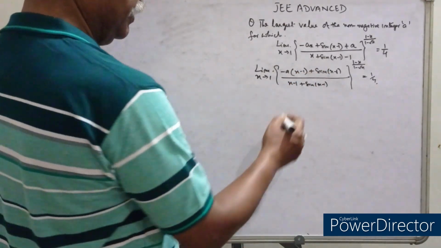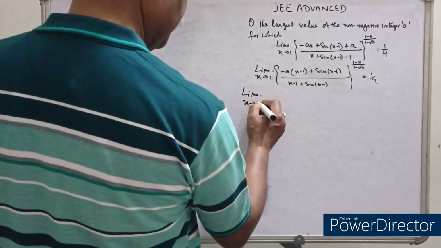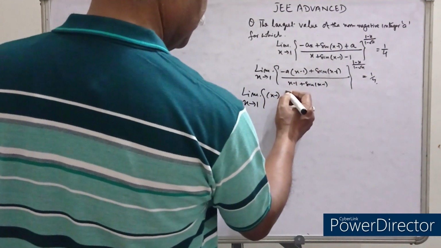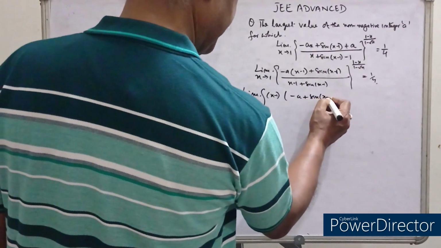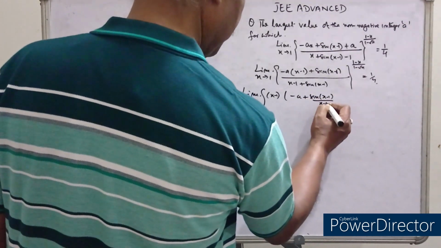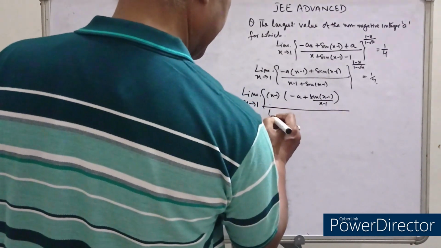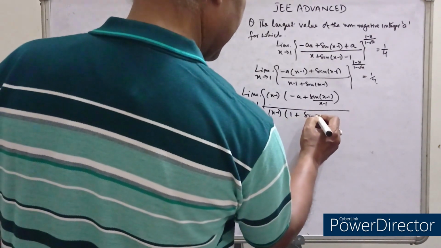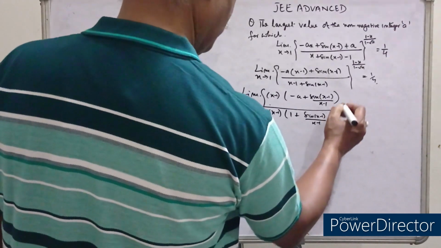Now limit x tends to 1. Take x minus 1 common in the numerator, so it will be (-a + sin(x-1)/(x-1)). In the denominator also take x minus 1 common, so this will be (1 + sin(x-1)/(x-1)).